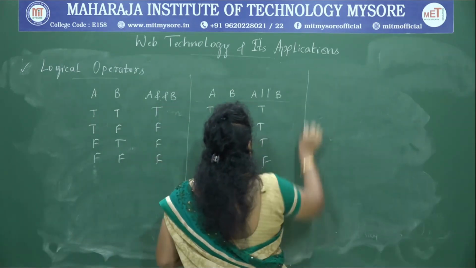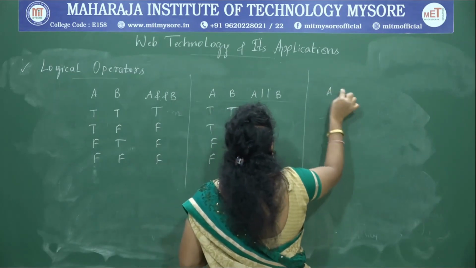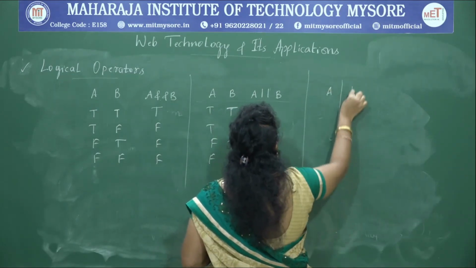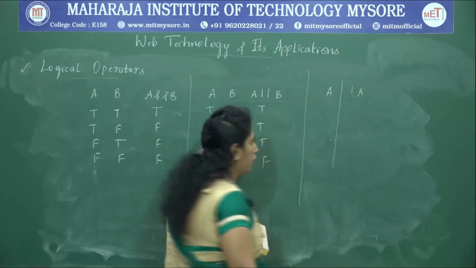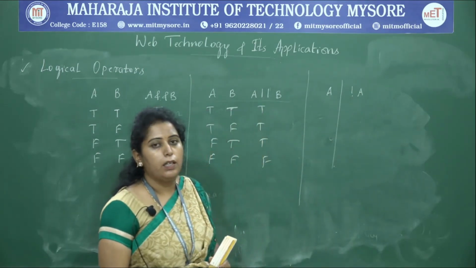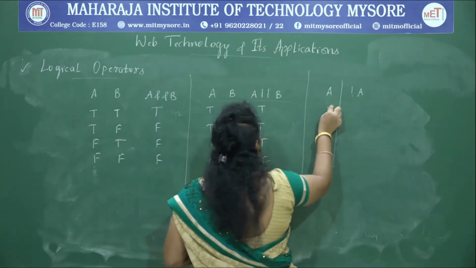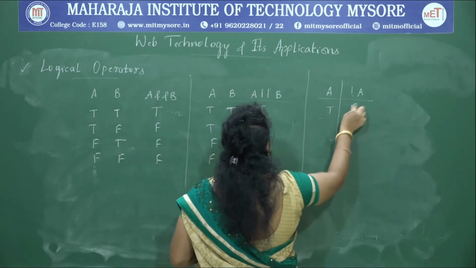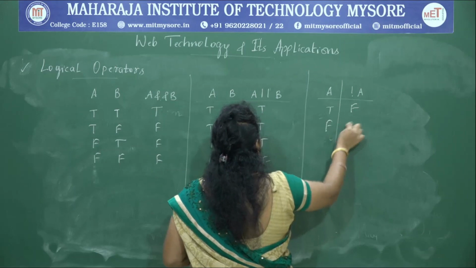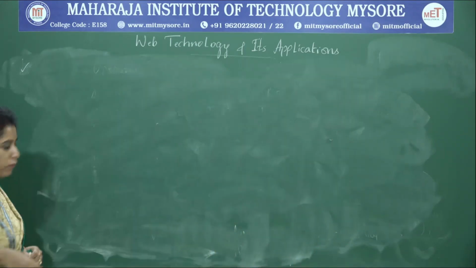Next is logical NOT. Logical NOT is a unary operator, it has only one operand. So when the operand is true, the result will be false. When it is false, the result will be true.